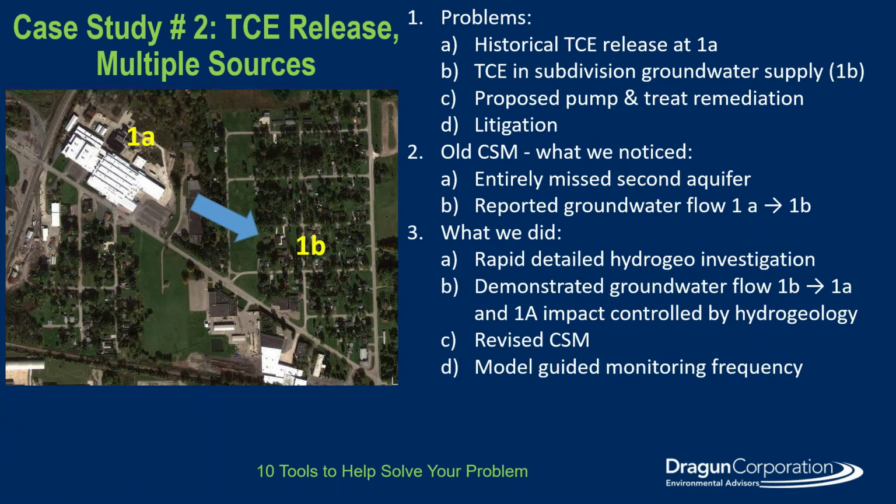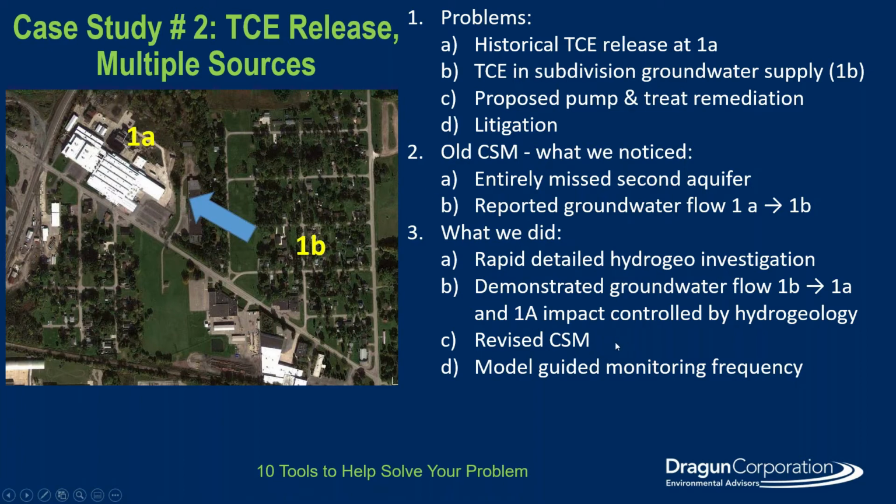What we did was we conducted a detailed hydrogeologic investigation of the property up here around 1A. We did this very quickly. We determined that the groundwater flow was from 1B to 1A, and that 1A's impact was controlled in the shallow zone by the hydrogeology.